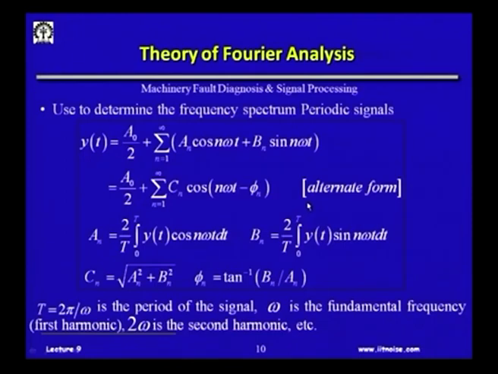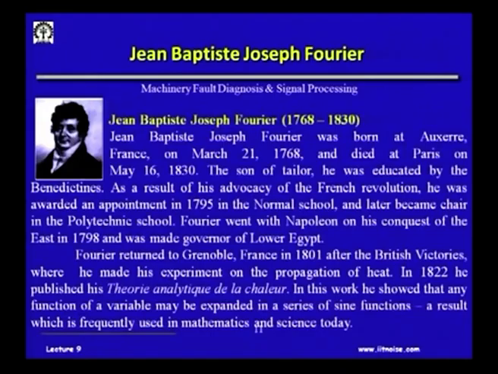I will not go into the details of such an analysis here, but I must tell you, you can all make a note of it, about the great mathematician who has given us this Fourier series, Jean Baptiste Joseph Fourier.